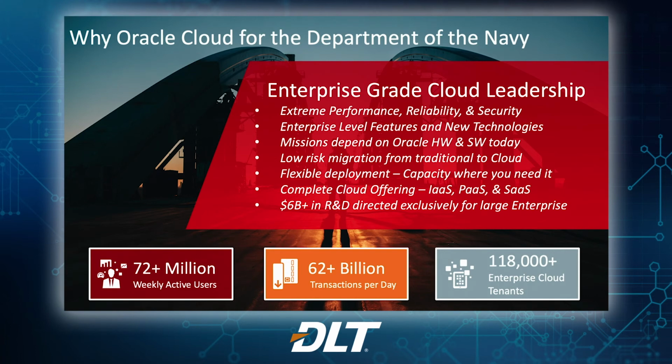Many applications are out there in cloud now, but most of the applications that we rely on for our back-end office haven't moved yet. Now we have our Gen 2 cloud infrastructure, and the time is right to make that happen. Missions depend on Oracle hardware and software today, and we look forward to helping you continue with that as we move you into the Oracle Cloud.